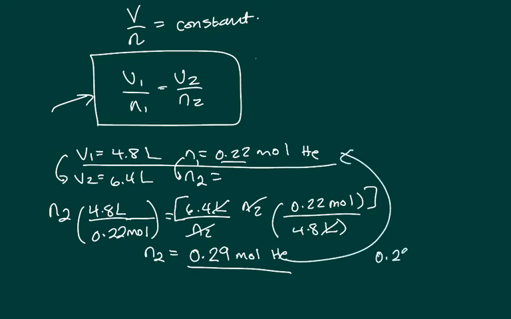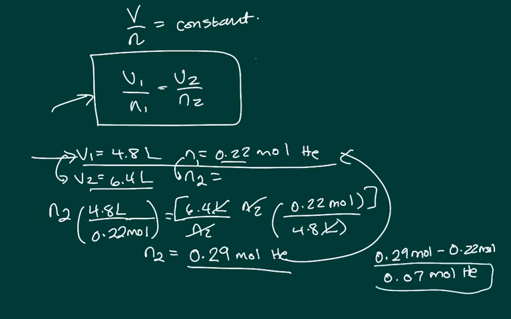So it'll be 0.29 moles minus 0.22 moles. And so that will be 0.07 moles of helium must be added to my original container in order to achieve this volume. Okay?